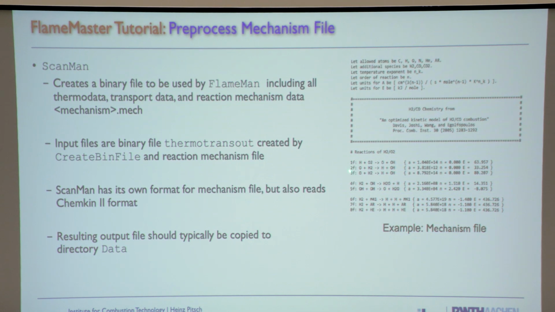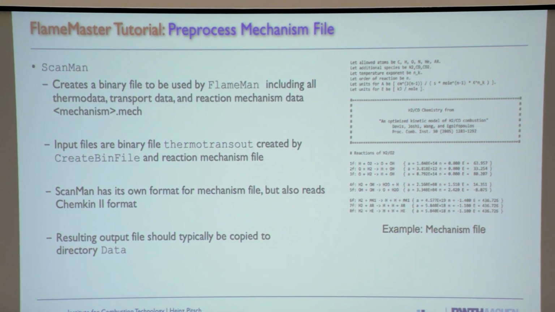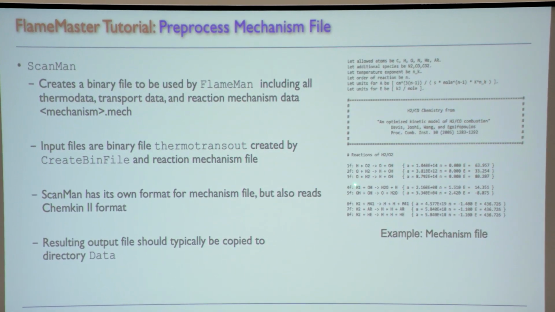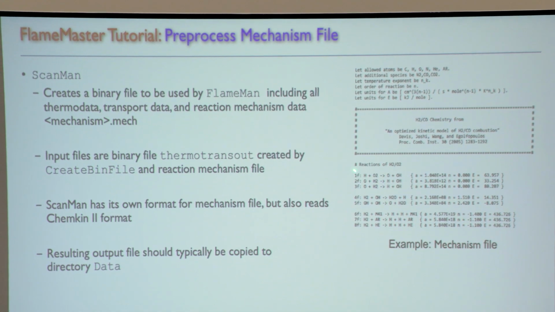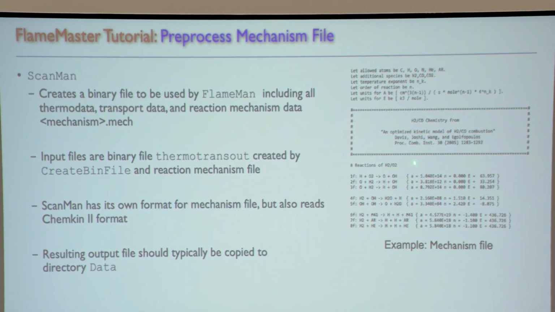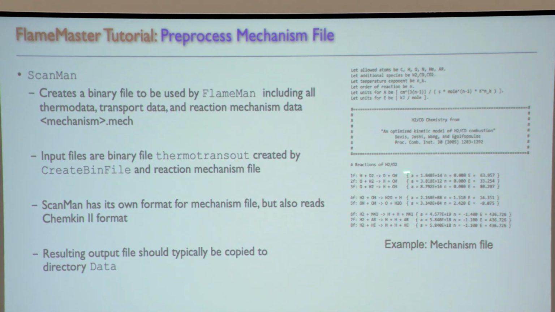And so on, and then these are the reactions. Every reaction has a label. F means it's a forward reaction: please compute the reverse reaction. If this F is not provided, no reverse reaction will be computed. And then A and E are the Arrhenius parameters. It's kind of obvious, and it's a free format otherwise.